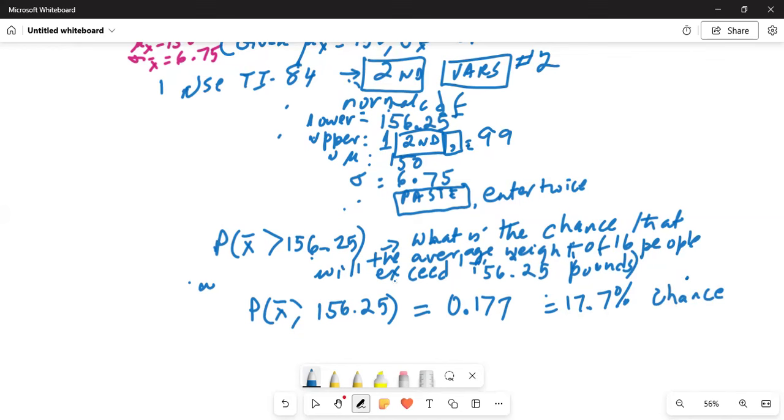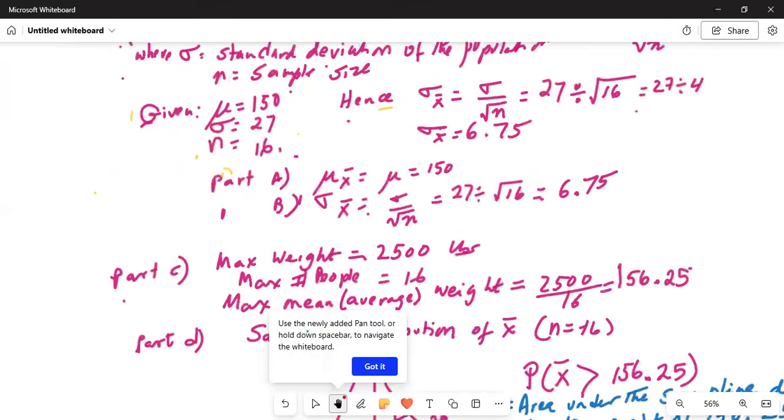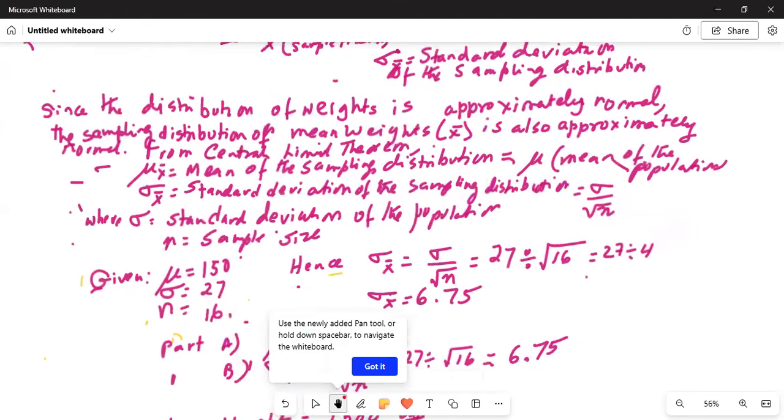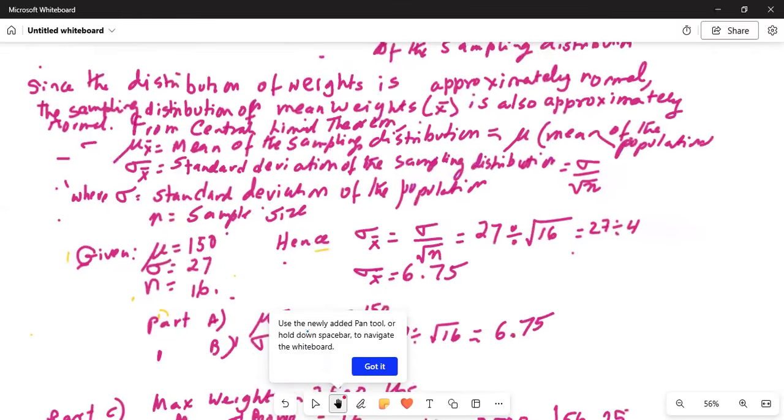So greater than means exceeding the mean weight. Okay. So let me clarify this. This is greater than. That means exceeds. This means exceeds, higher than. So let me summarize what I did. I was given 16 people who are riding an elevator. The maximum weight the elevator can support is 2,500 pounds.